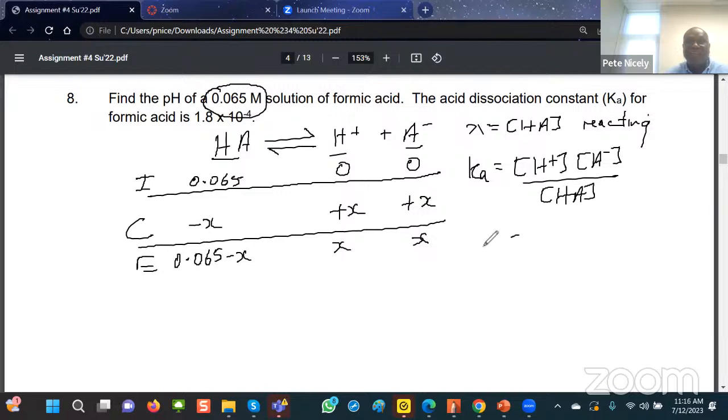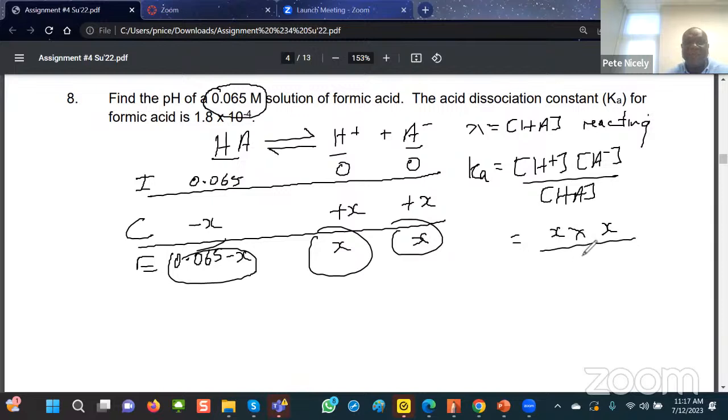And then we can plug these terms into this equation. So we're going to have x for the concentration of H plus at equilibrium times x, the concentration of A minus, and for the HA it's going to be 0.065 minus x. So we can simplify this to x squared over 0.065 minus x, all right?